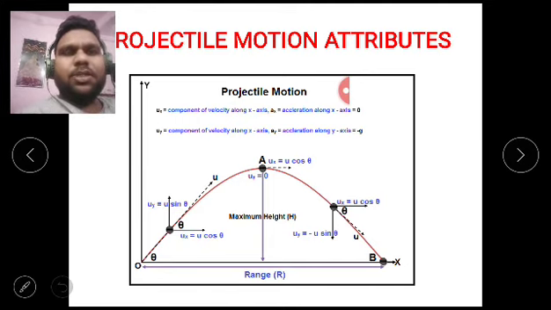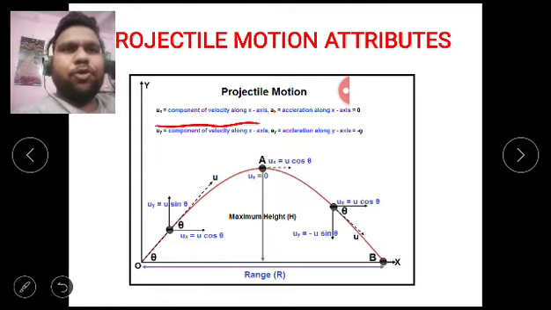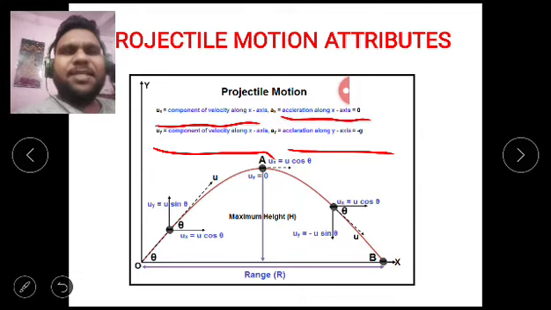So what are the attributes of projectile motion? First we need to understand the component of velocity along the x-axis, the component of acceleration along the x-axis, the component of velocity along the y-axis and the acceleration along the y-axis. When we project an object with velocity u, the velocity of projection, making an angle theta with the horizontal, that is the angle of projection, velocity u can be resolved into two components.